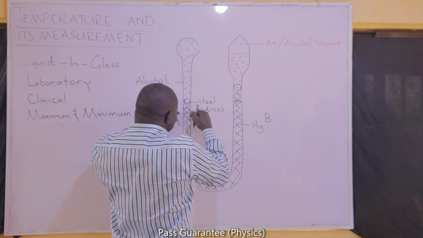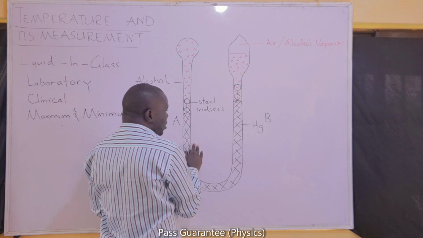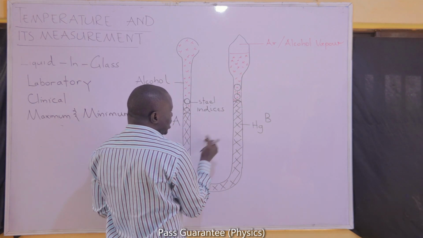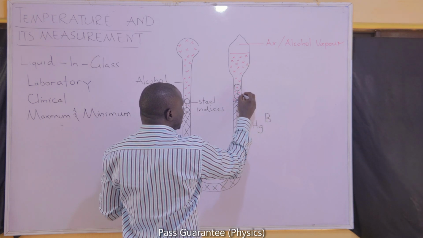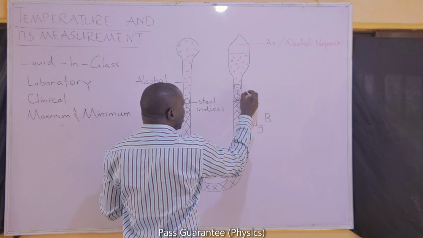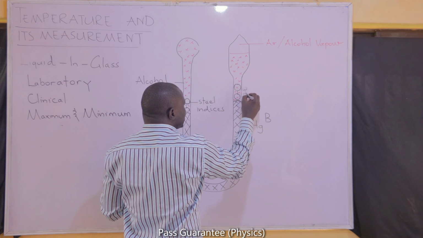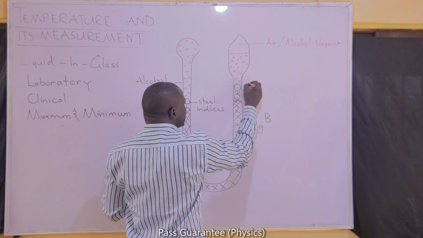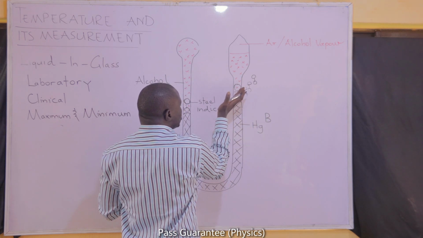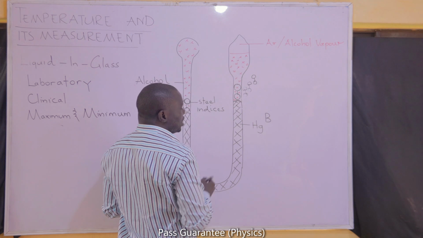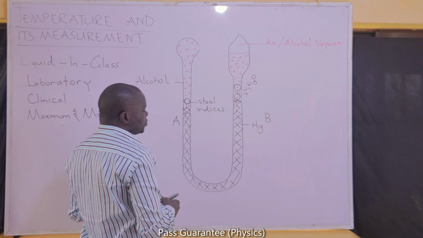So that will further lead to a greater downward movement of mercury along this arm and an upward movement of mercury along this arm. So it's now possible that due to the expansion, the steel index on this arm is continuously moved up by the meniscus of mercury.